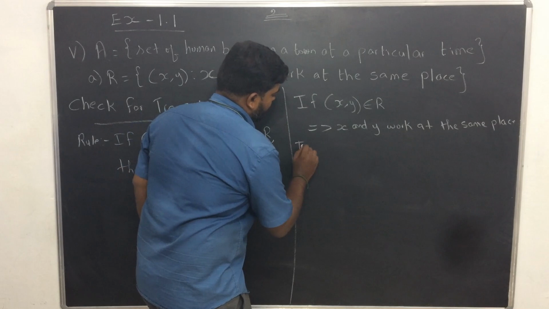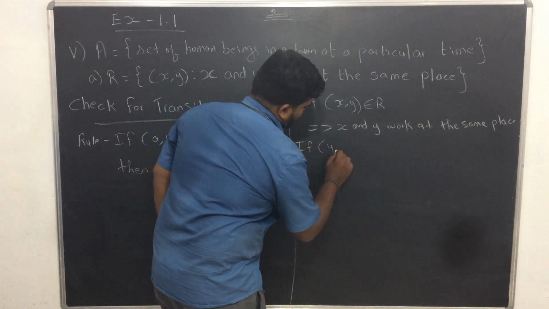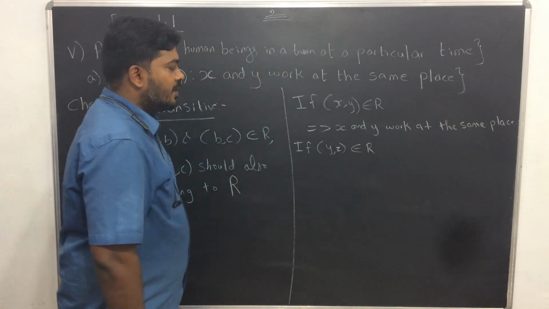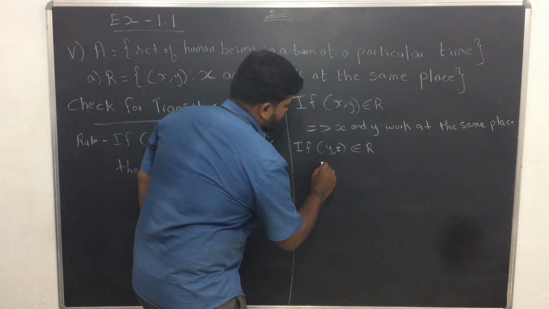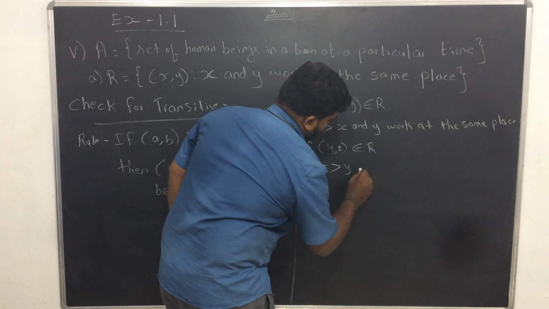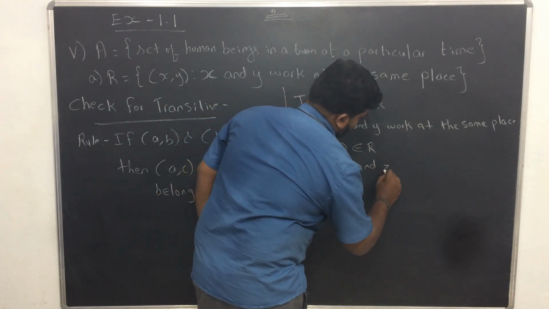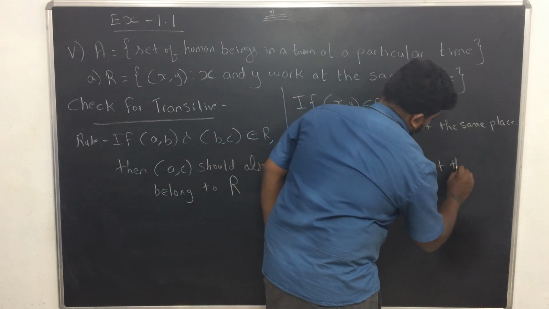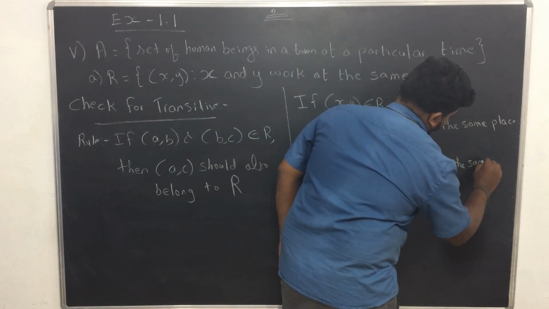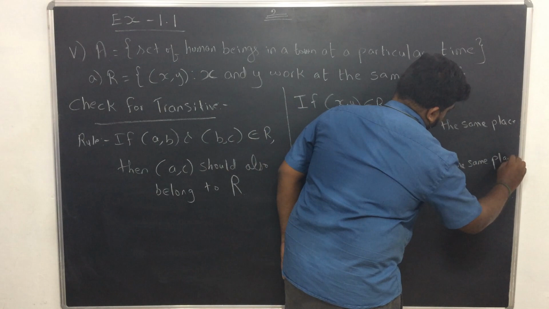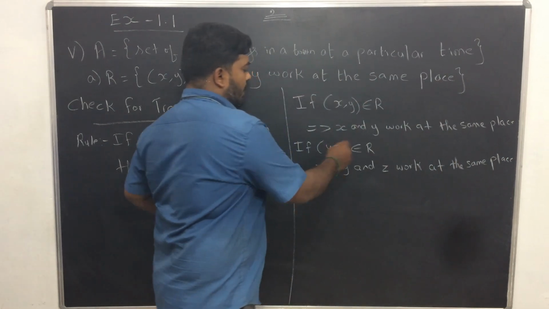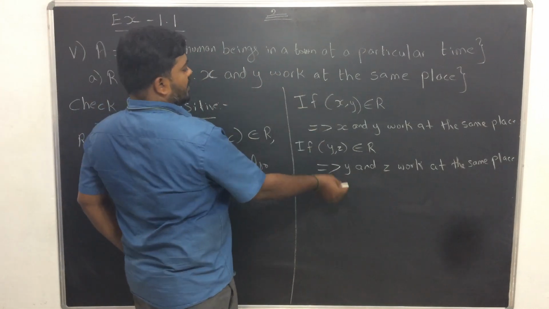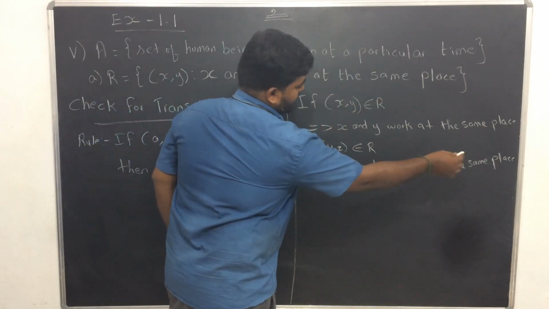Now, if (y, z) belongs to R, what does it imply? It implies that y and z work at the same place, right? If (y, z) belongs to R, it means y and z satisfy the condition for the relation, that is, y and z will work at the same place.